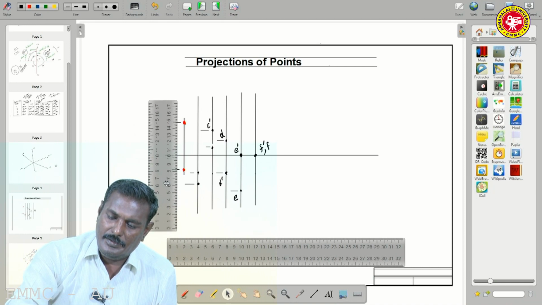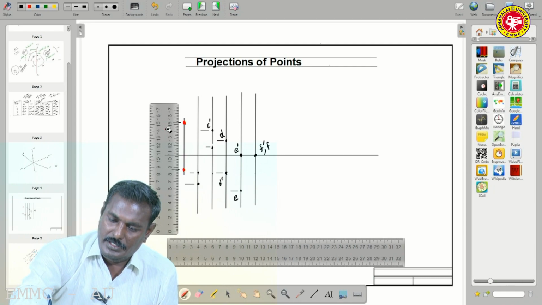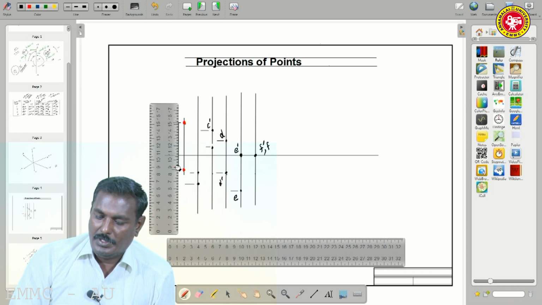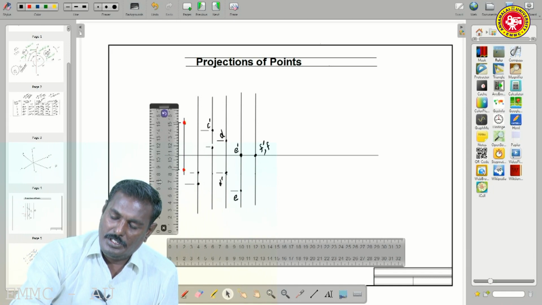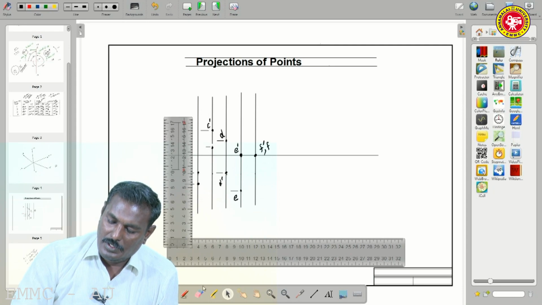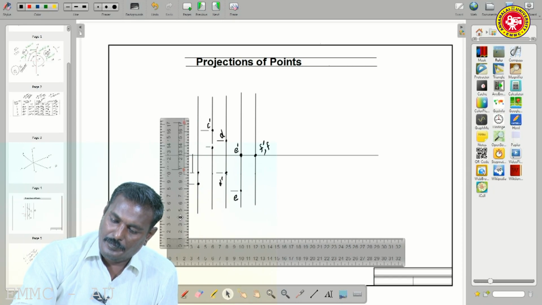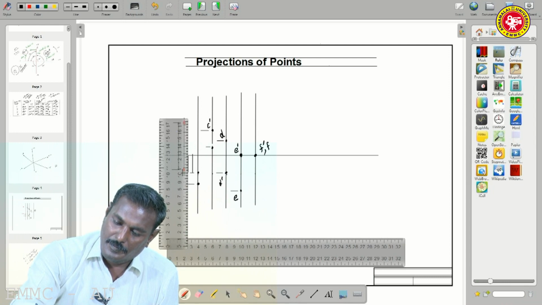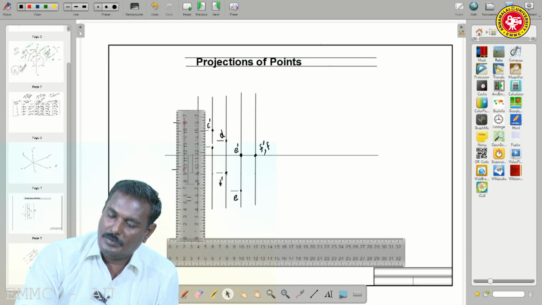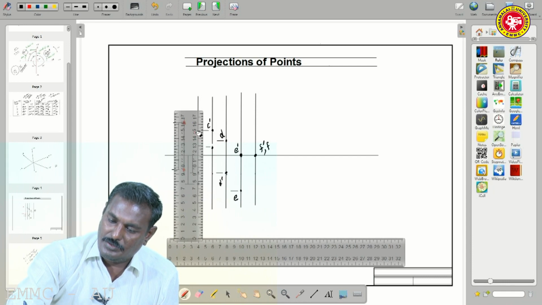Place this scale here, draw an extension line, similarly to here draw an extension line. Draw an extension line to here.